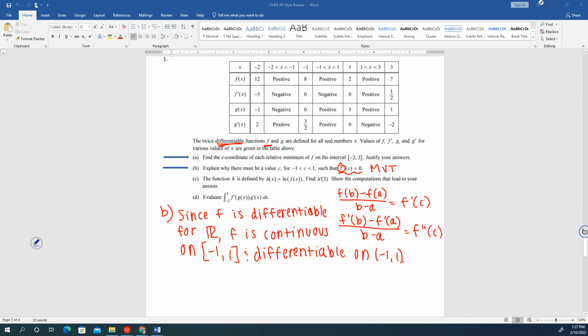Therefore, by the mean value theorem, or you could say, oops, I spelled that wrong.